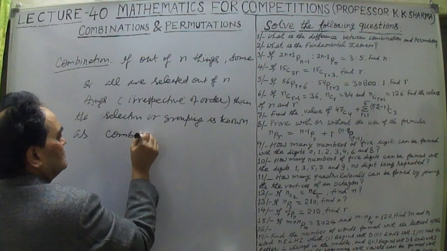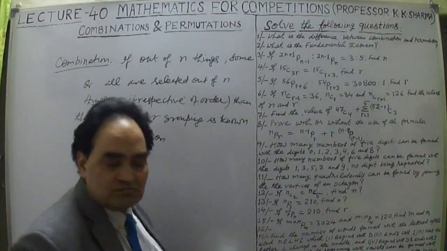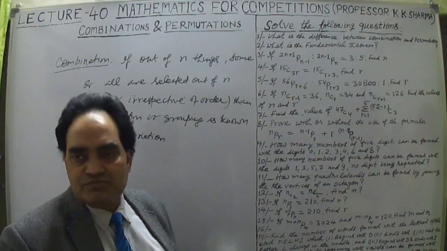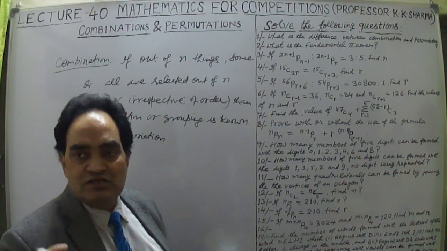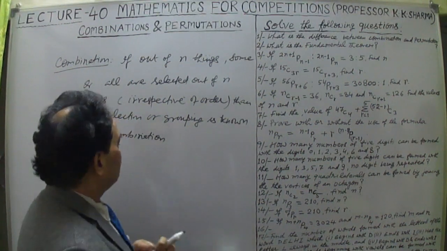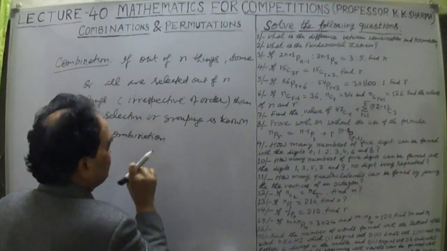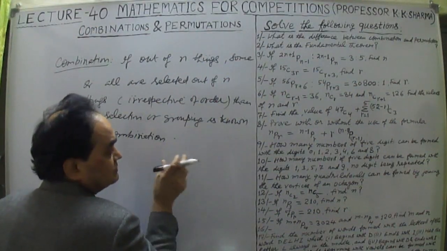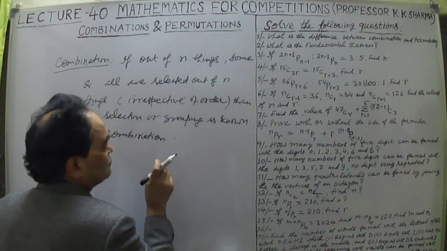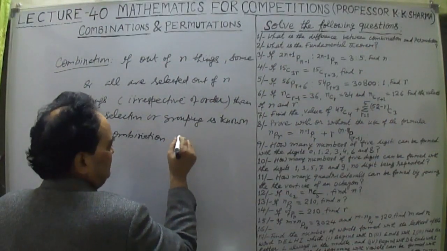I'll take an illustration for both of the things when I differentiate combination and permutation, one illustrative example, and that example will show us how the difference arises. So it's known as combination of things, or grouping of things, or selection of things. Now the formula.